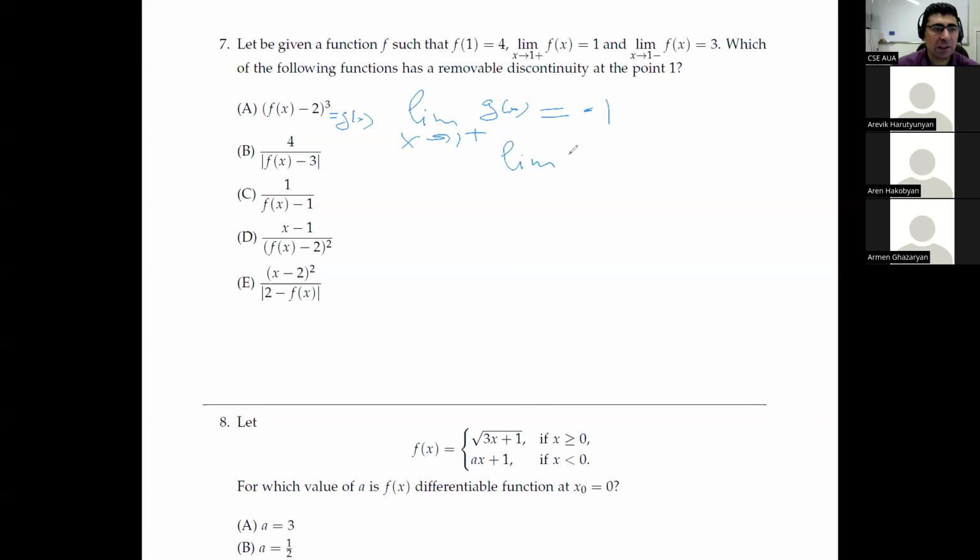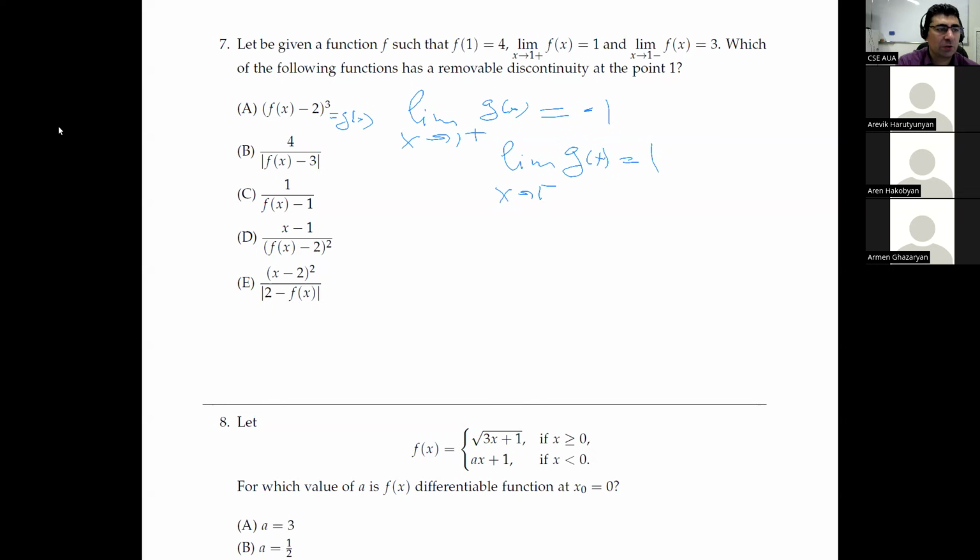What is the limit of the same function from the left side? It's 1. So we can say definitely function g at point 1 has a jump discontinuity point, not removable.